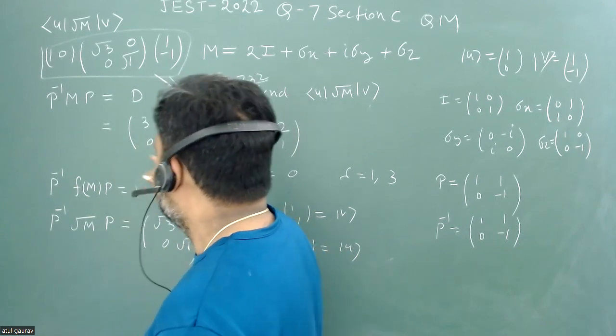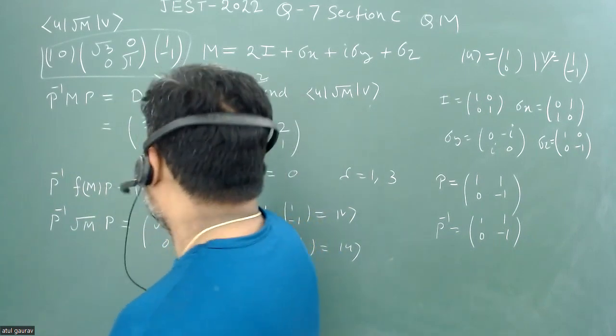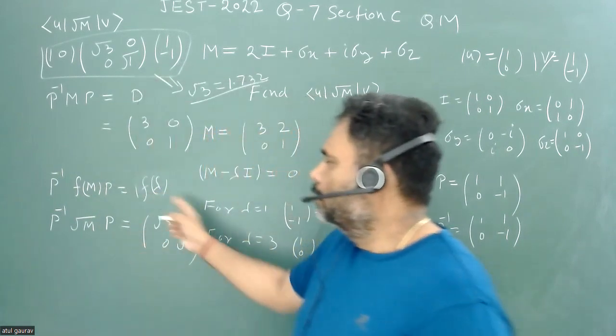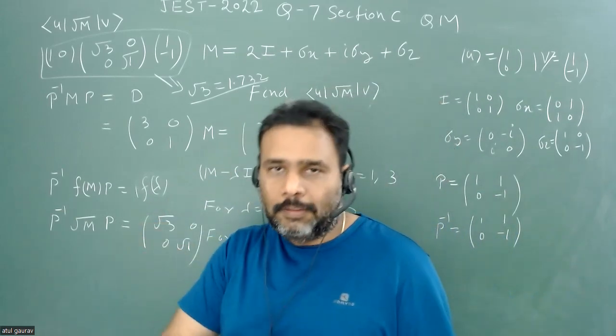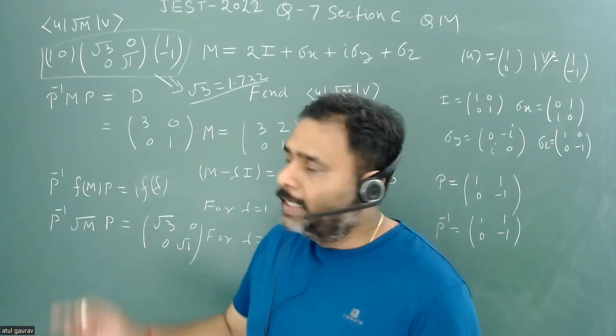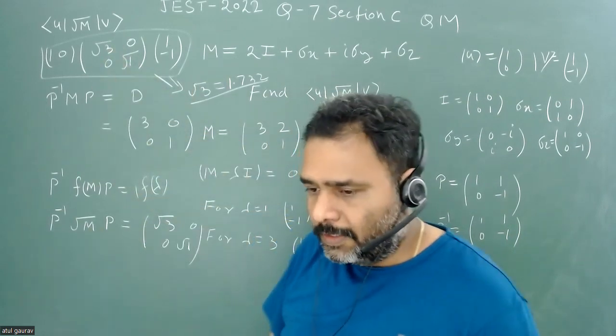This type of thing you can easily write. So you can write f(lambda) in diagonal form. And if we know this particular thing, then we can use this similar matrix and find this particular matrix element.